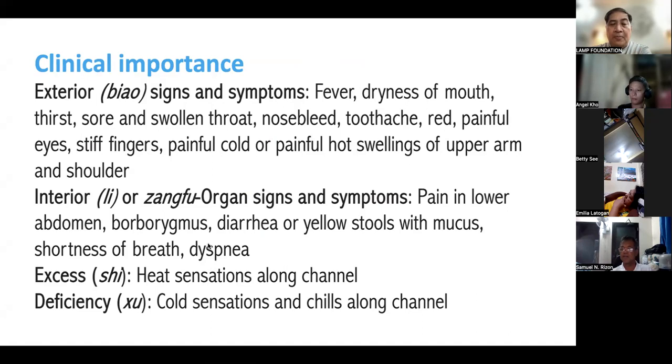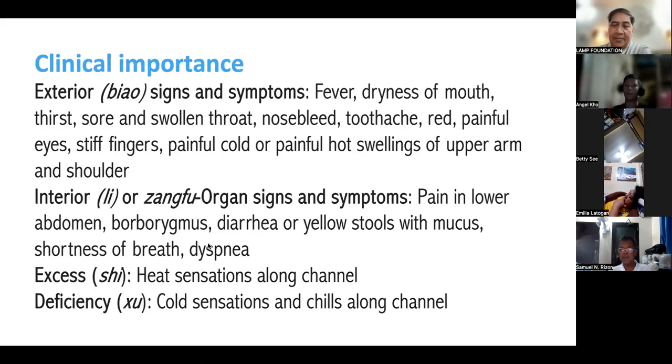Now, pag interior po, that means the organ is already involved, the large intestine. There will be pain in the lower abdomen, borborygmus, okay? Diarrhea or yellow stools with mucus, shortness of breath, and dyspnea. Okay, pag excess, there is heat sensation along the LI channel. Pag deficiency, there is cold sensations and chills along the channel.